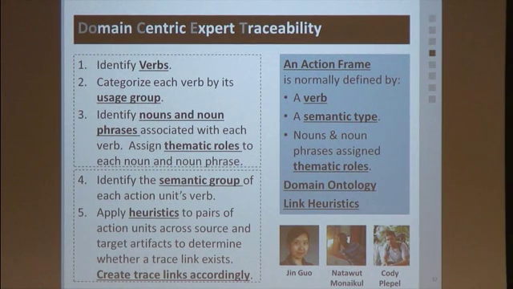We assign each verb to both a syntactic group and a semantic group. We use the syntactic groups to identify and extract the action frames. And then we use the semantic groups alongside a set of heuristics which we've identified to reason about when the occurrence of an action frame in a source artifact and a target artifact means that those things should be linked together.